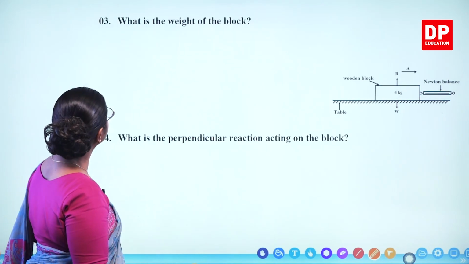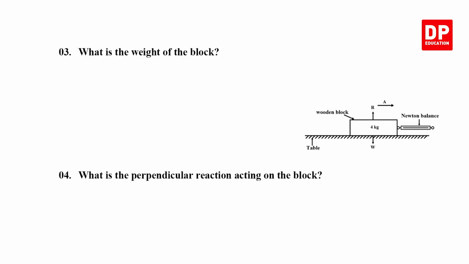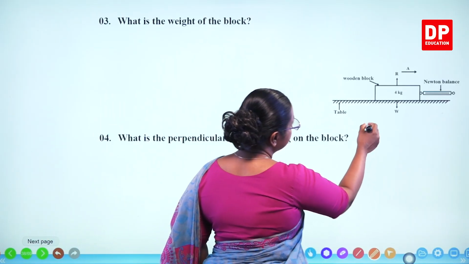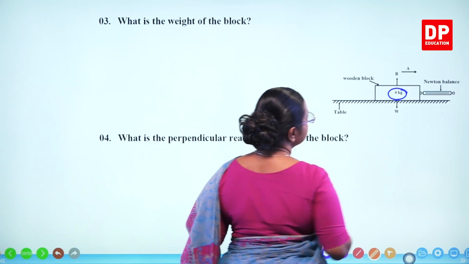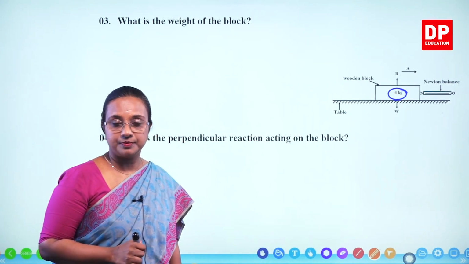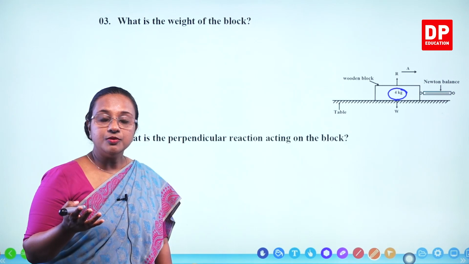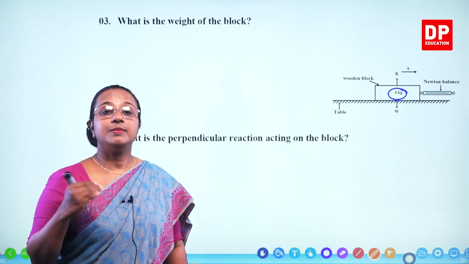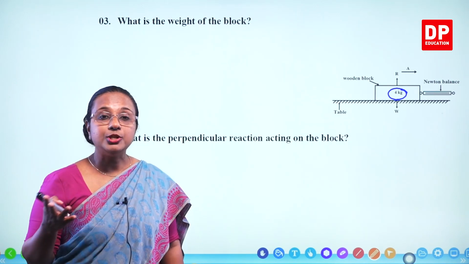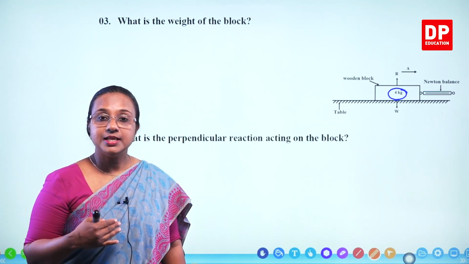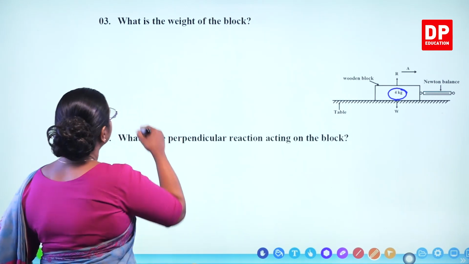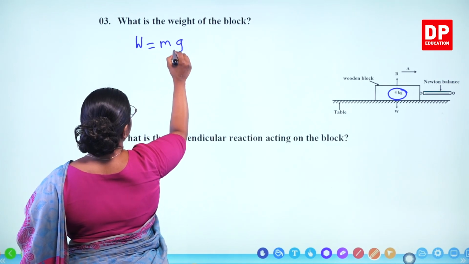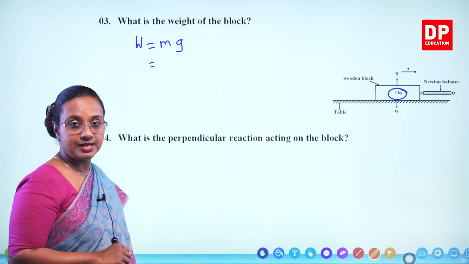The next question, what is the weight of the block? Here in the diagram, you can see the mass of the block is given to you, 4 kg. You already know from Newton's second law of motion, we can calculate the weight of the object. What is the equation for that? We have to use weight W equals mass into gravitational acceleration.